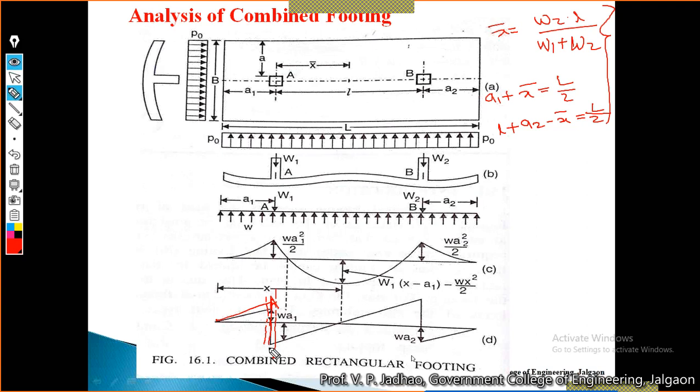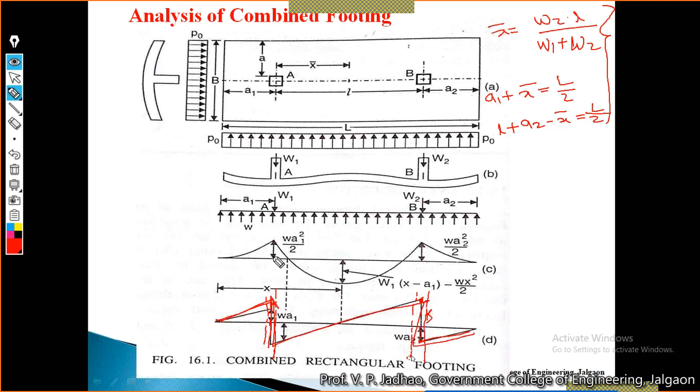Again, we will be taking the section on the left of this column B, so we will get some value of shear force here, and again we will be taking one section on the right of this column B. We will be getting a shear force diagram like this.